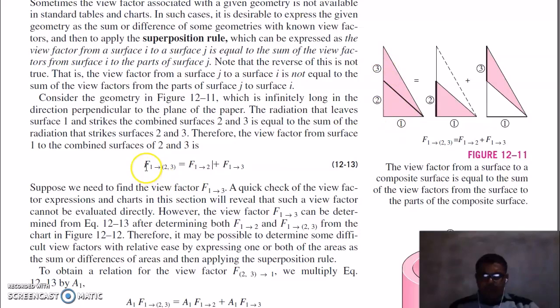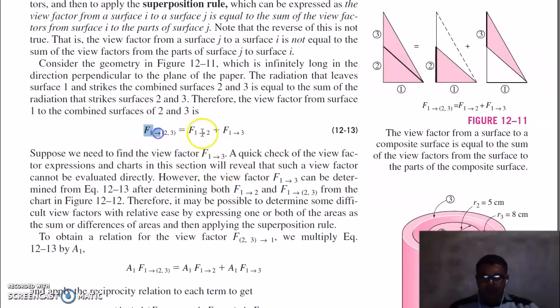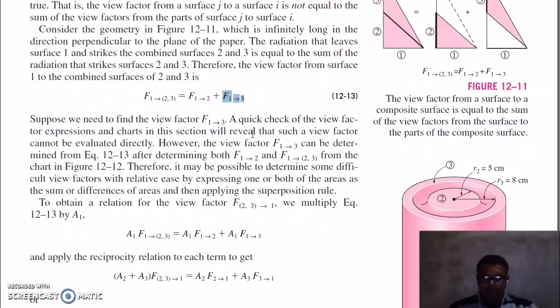So what we will do, we will find from 1 to 2, 3 combined, because these are two plates perpendicular to each other, and we can solve for 1 to 2, which is also a case of perpendicular plates. If you know this value you can find the view factor F 1 to 3 easily.